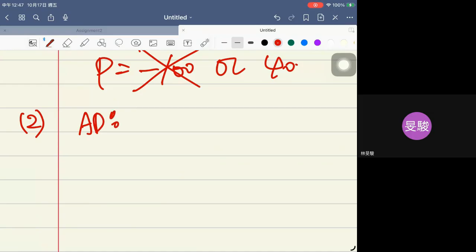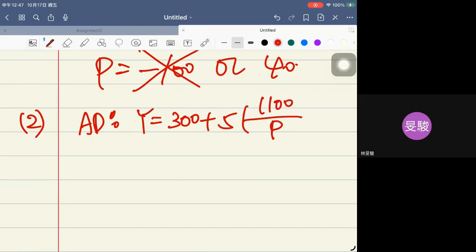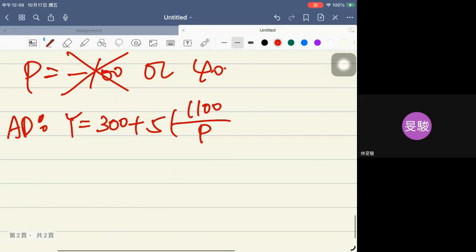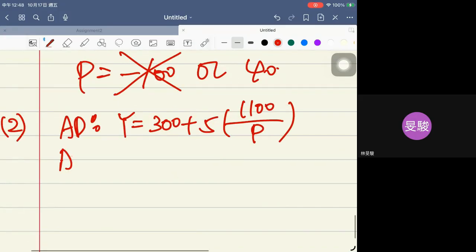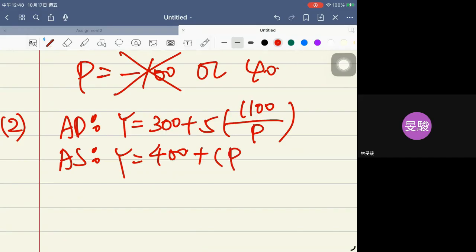AD: Y equals 300 minus 5 times 100 and 1,100 over P. And this aggregate supply is Y equals 500 plus P minus 40.